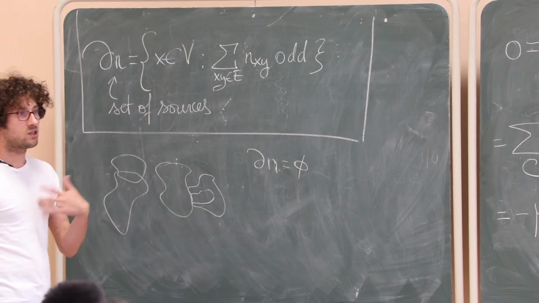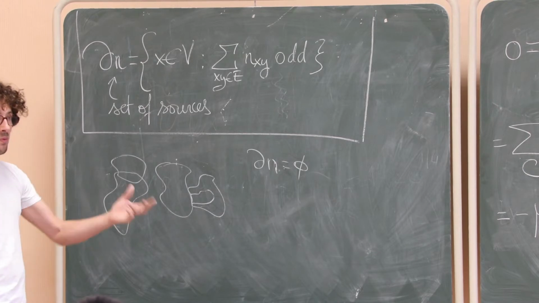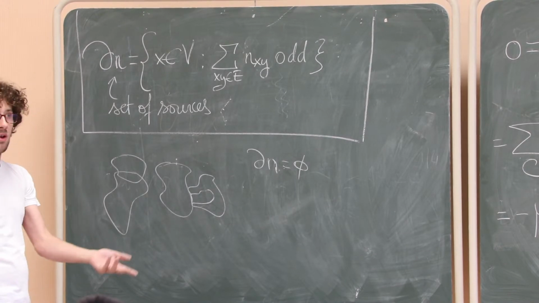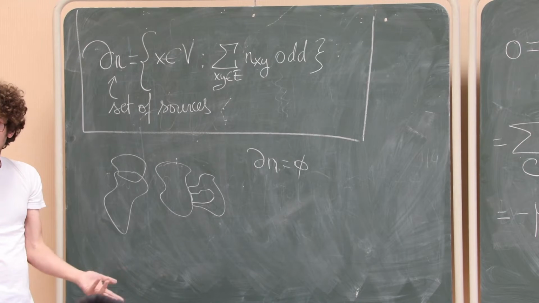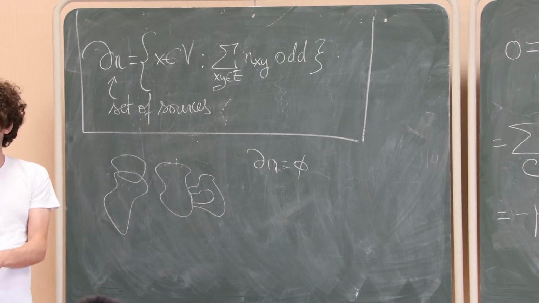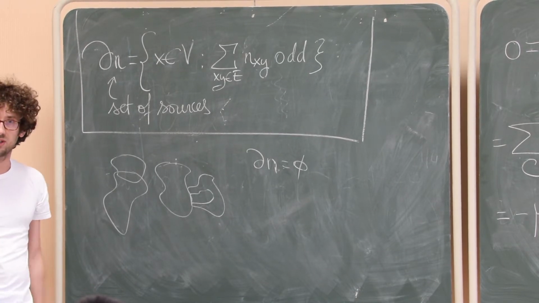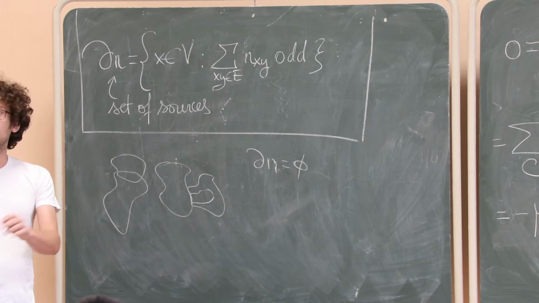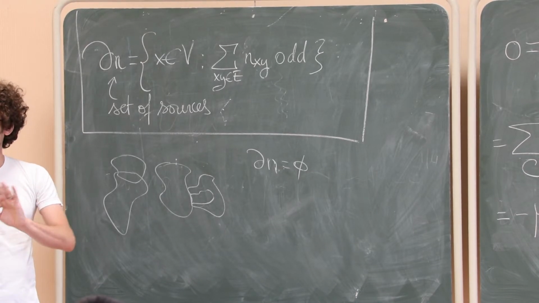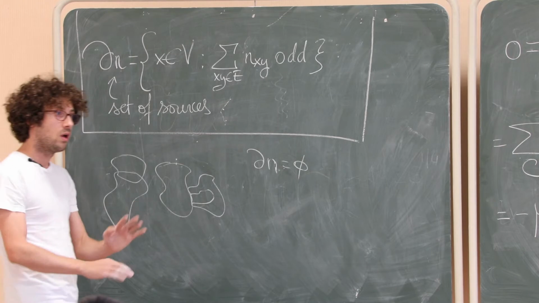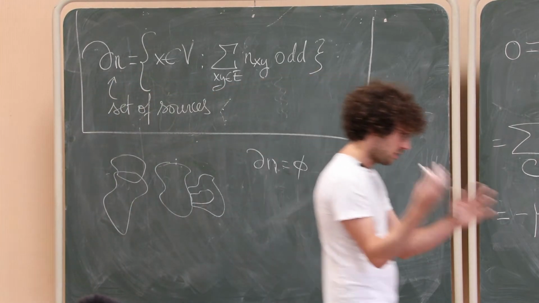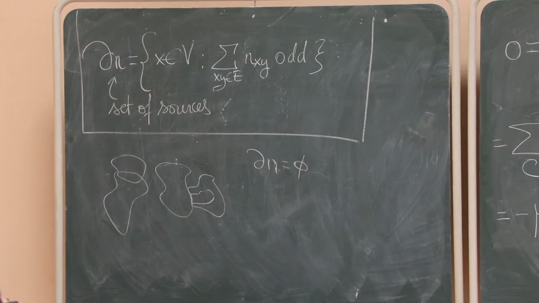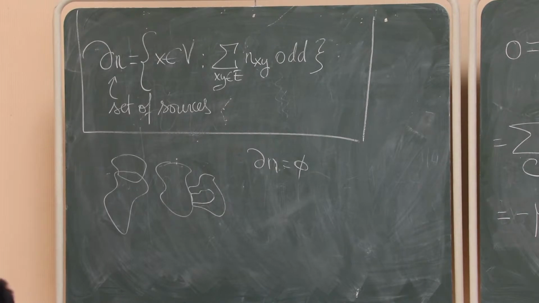Any sourceless current can be written as the occupation time of a family of loops, and any family of loops gives you a sourceless current when you look at the occupation time. The loops could pass themselves several times by the same edge. I'm not at all assuming any exclusion, self-avoidance of these loops.